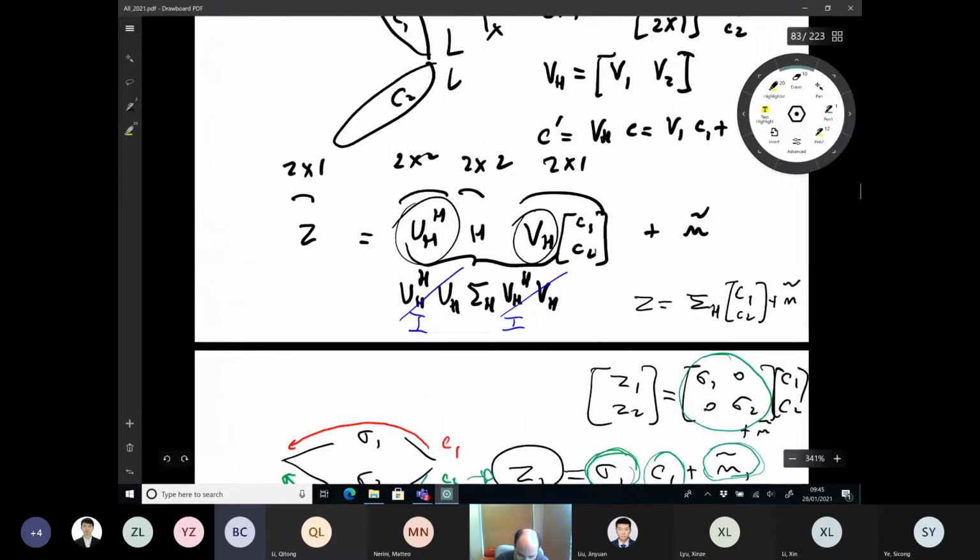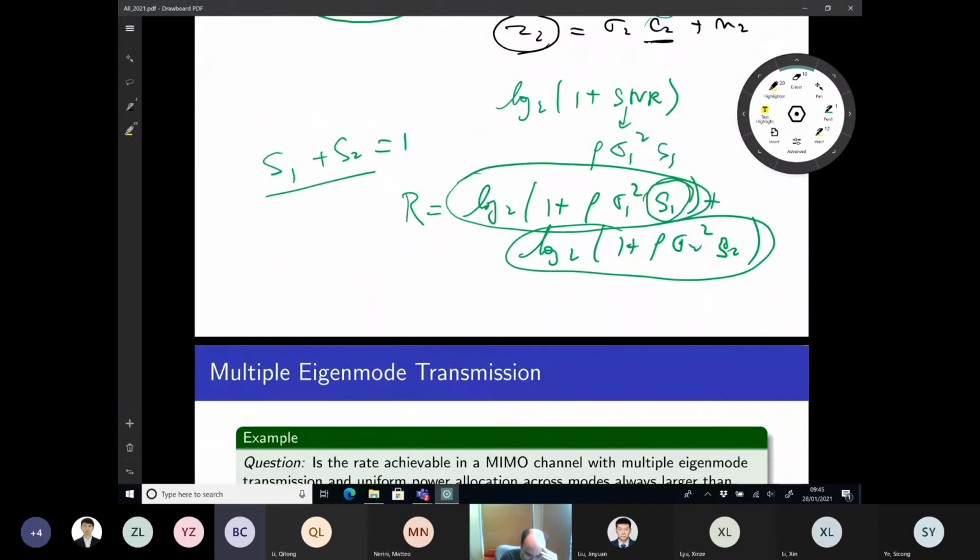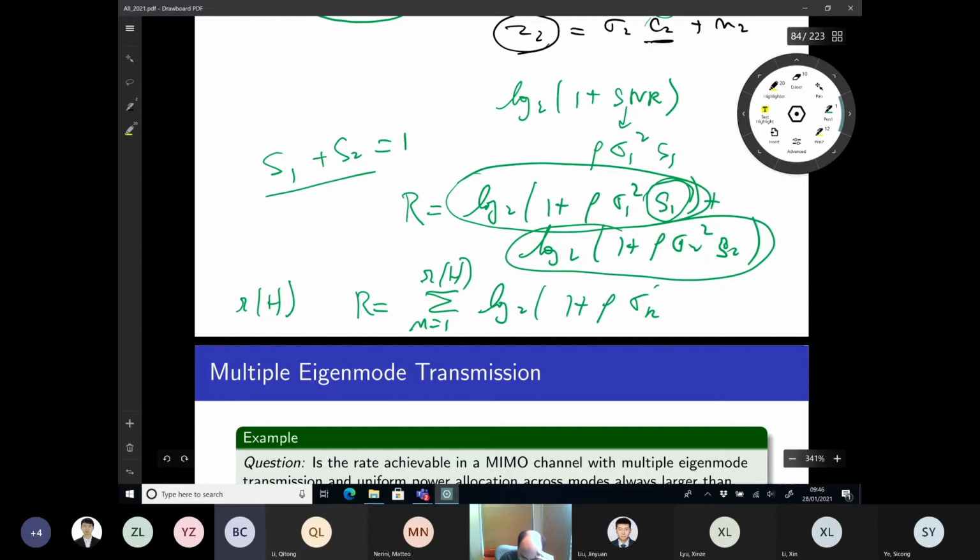Right, so if you have a certain rank, if I take the rank of my matrix H, it means that my rate in general will be a sum for k equal to 1 to the rank of H of log2 of 1 plus rho sigma k square S k, right? Those are the non-zero eigenvalues of H, right?